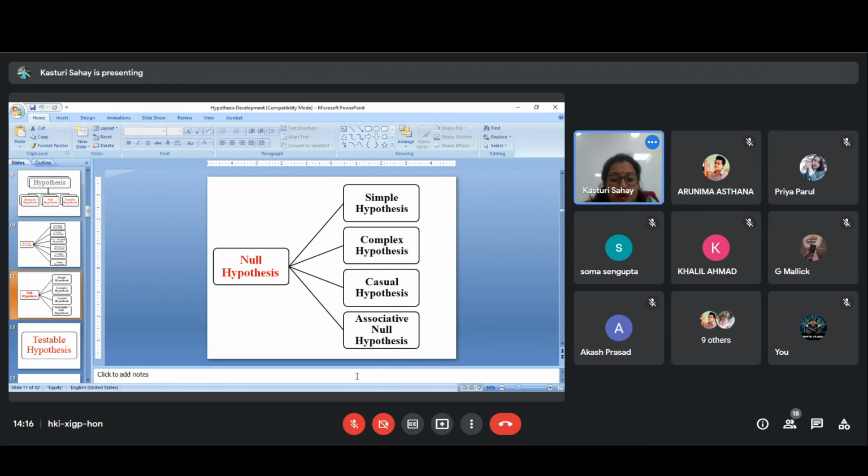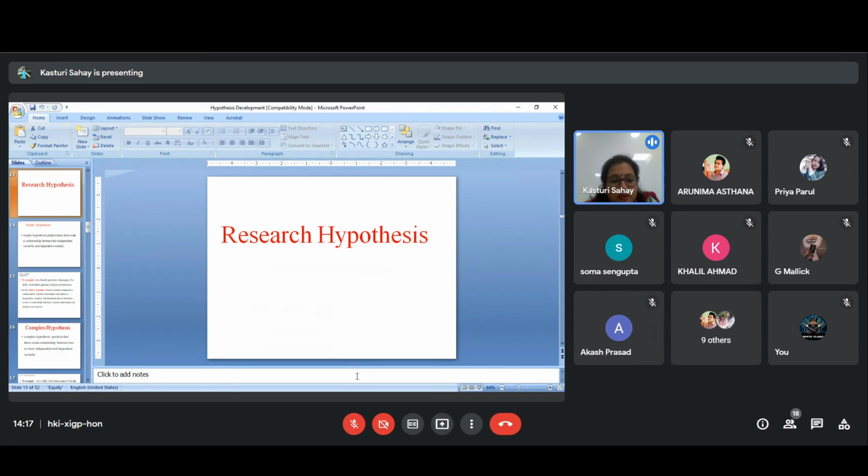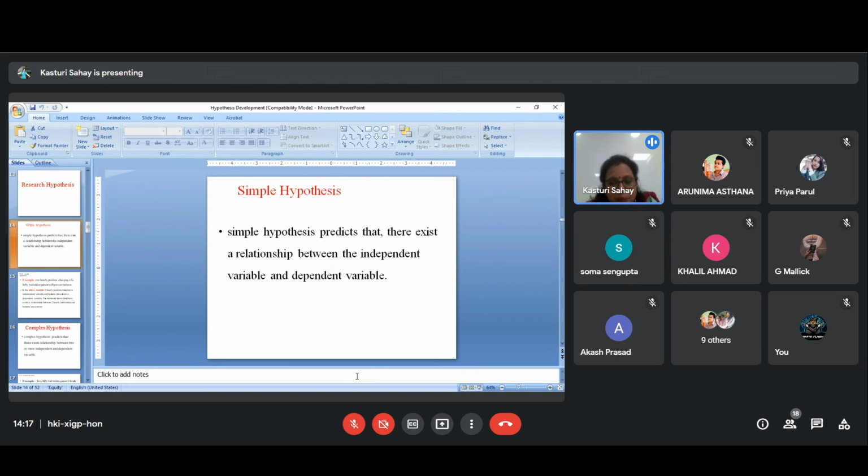Again, for null hypothesis, which we very clearly simply say null hypothesis and alternate hypothesis, under null hypothesis we again have 4 different kinds of hypothesis, and then you have the testable hypothesis. Now, what we'll do in next few minutes is we'll be briefly discussing the different kinds of hypothesis which I've just defined right now.